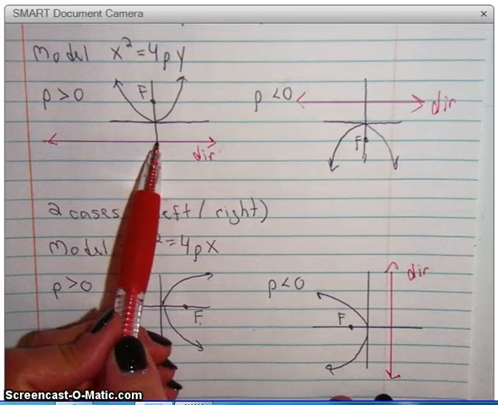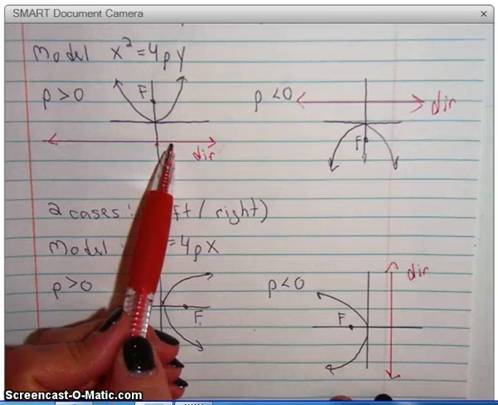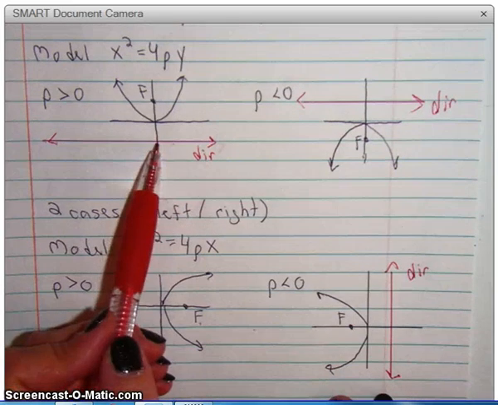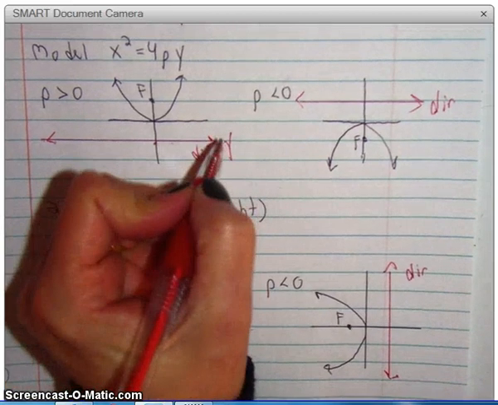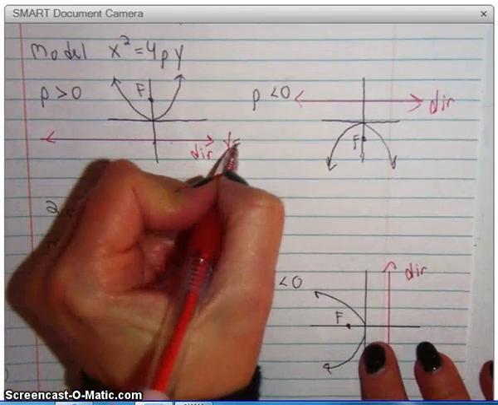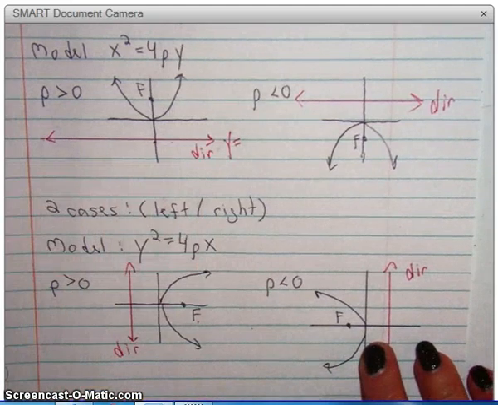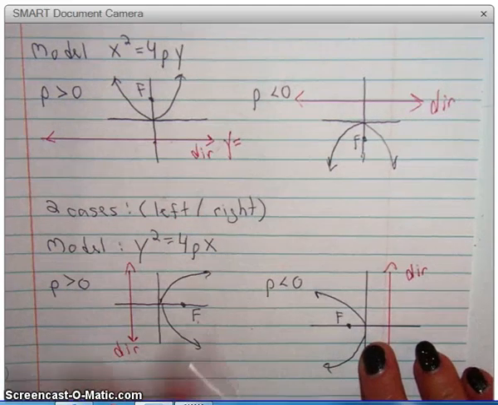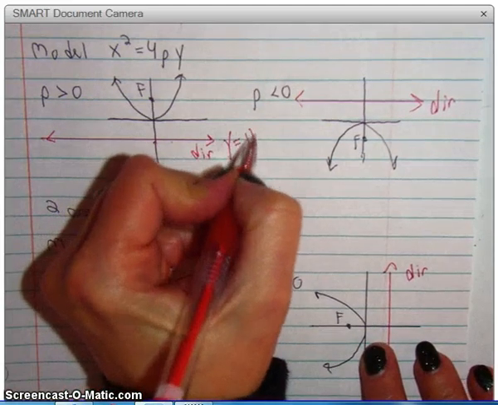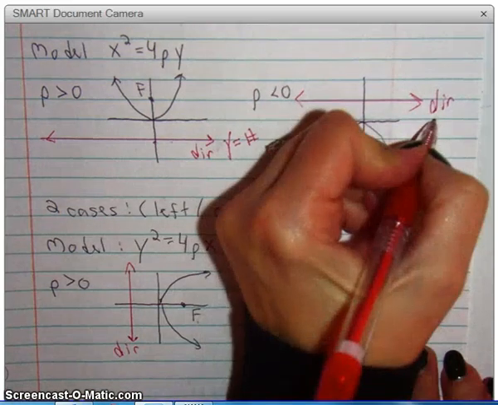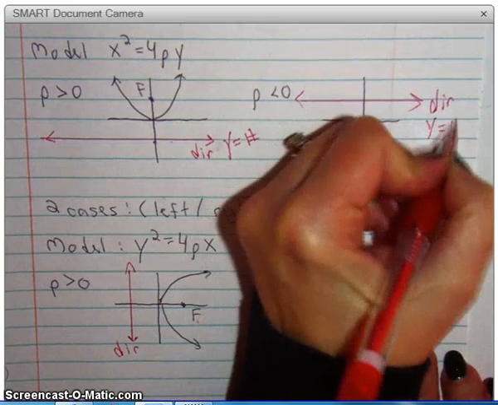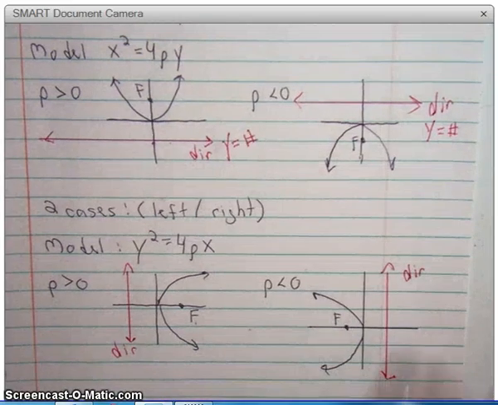You rise 0, you run whatever. What's 0 divided by a number? 0. So the slope is 0. So really the equation is y equals 0x plus some number. Well, really 0x is just some number. So the equation of a horizontal directrix will always be y equals some number.